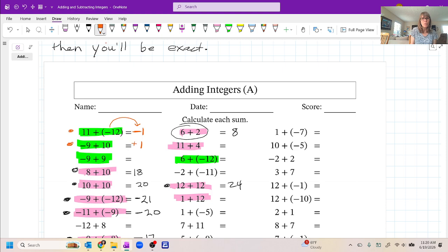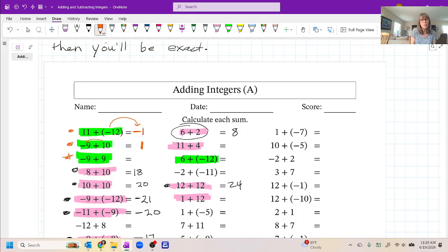So this is going to be a positive 1. You don't have to keep that positive sign there. If you just write a 1, it's implied to be a positive number. So here, different signs I subtract, I keep the sign of the larger number. Or you can think, I do have enough money, I have $10, and I'm going to be able to cover my debt, and I'm going to have $1 left over.